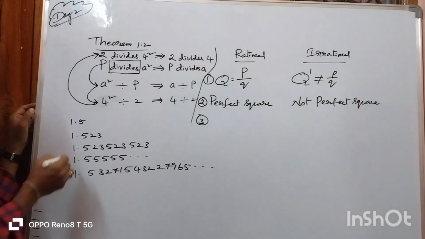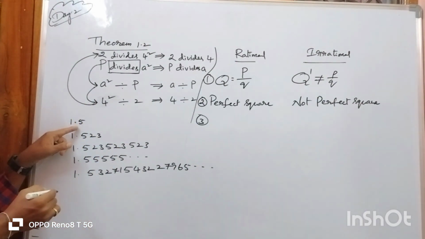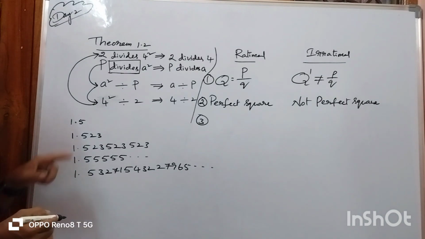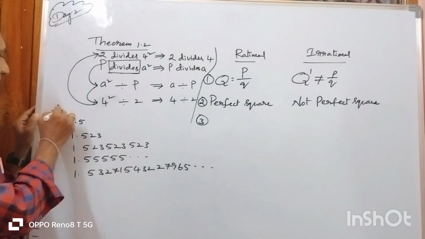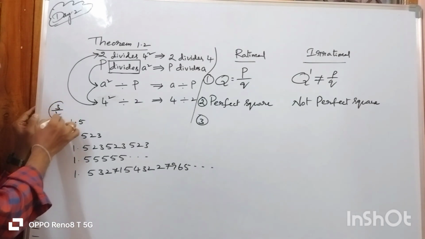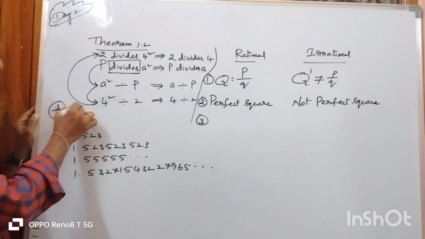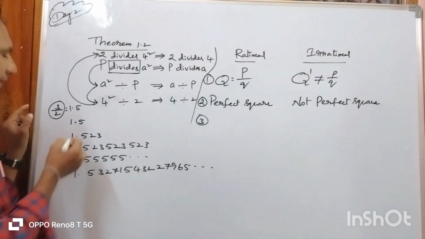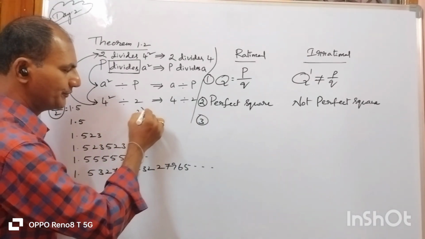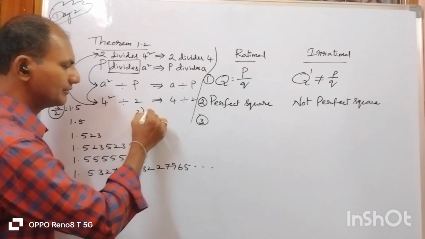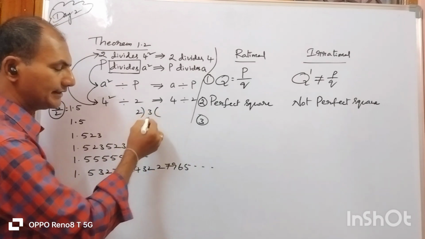Listen. See, 1.5, for example, is 3 by 2. What is the value of 3 by 2? 1.5 only, right? When we divide it by 2, we get 0.